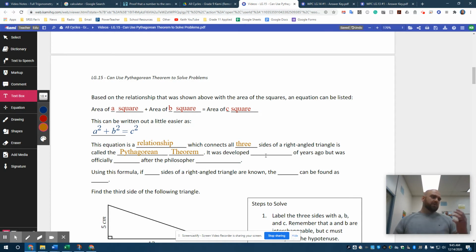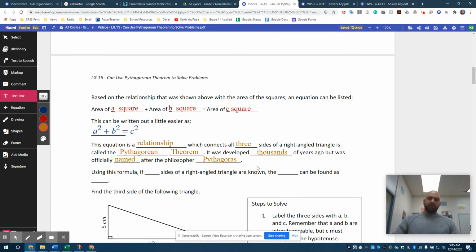Now again, we call it the Pythagorean theorem, but in fact it was developed thousands of years ago. There's a lot of speculation as to who developed it or who came up with it. It was officially named long after it was determined, after the philosopher named Pythagoras, a Greek philosopher way back in the BC era.